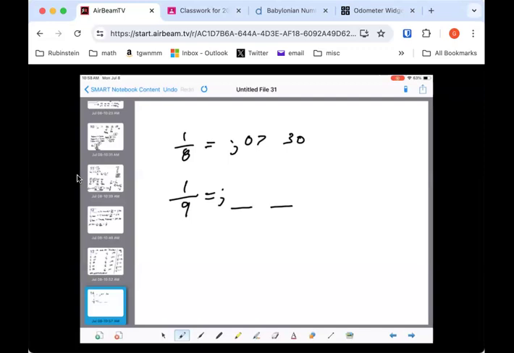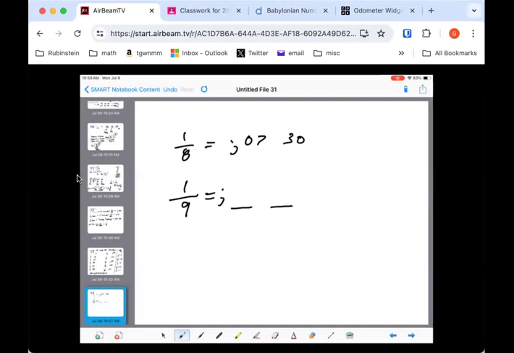Is that 6.6 infinity? It's actually not repeating. It terminates. Really? Yeah. There could be repeating decimals in base 60, but not for 1/9. 1/9 will terminate, just like 1/3 terminates.